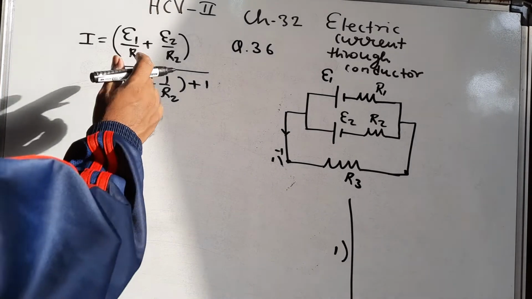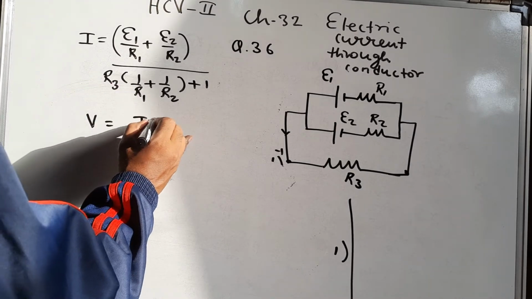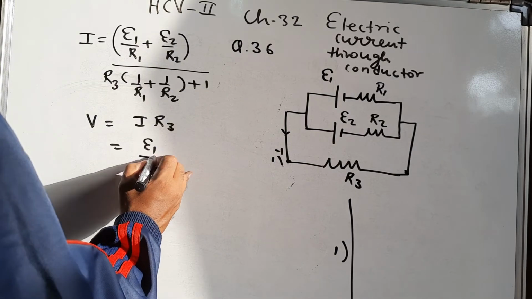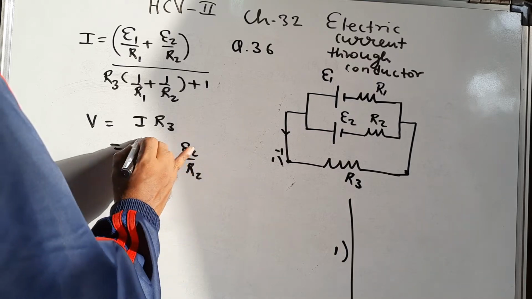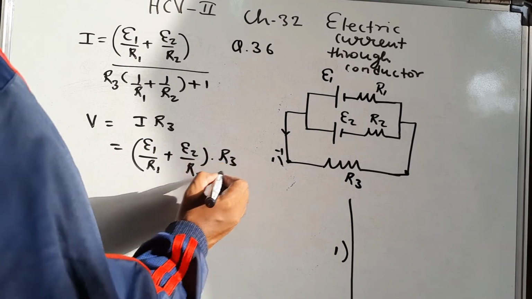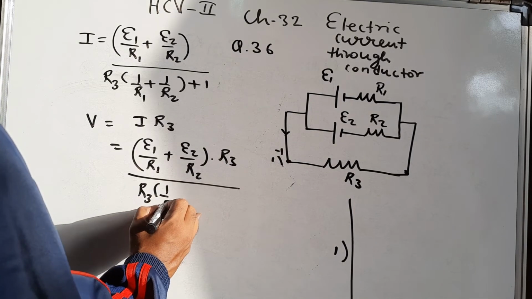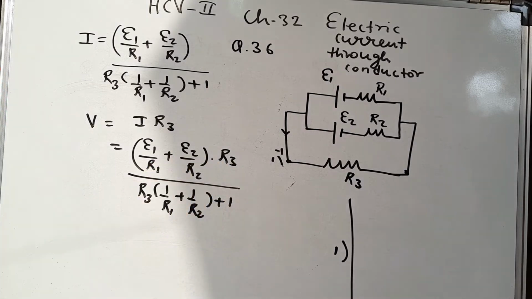So I multiply by R3, so I get V is equal to IR3. I multiply R3 here, whole divided by R3 into 1 by R1 plus 1 by R2 plus 1.